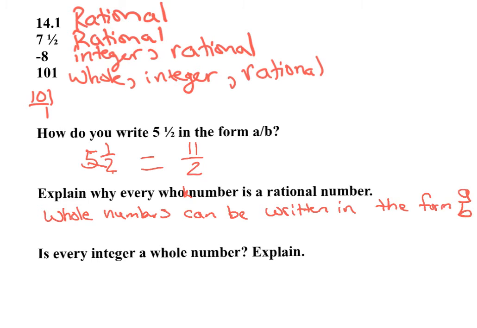So all whole numbers can be written over 1. And that's our definition of rational numbers. Can be written in the form a over b.